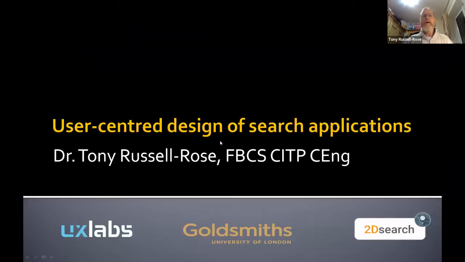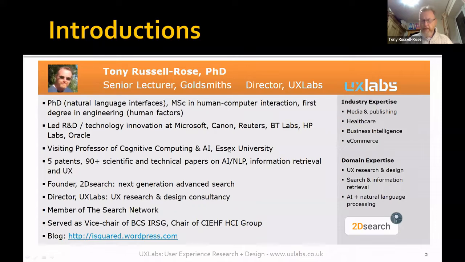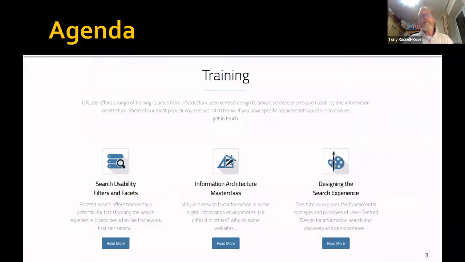So that's my background, and what we're going to be covering today is a little bit of a taster. I have an academic hat, and I teach a variety of modules around user experience and interaction design. A lot of my research is around information retrieval.